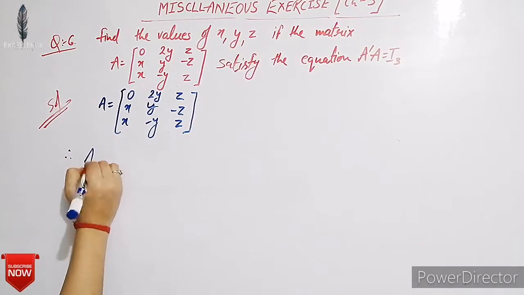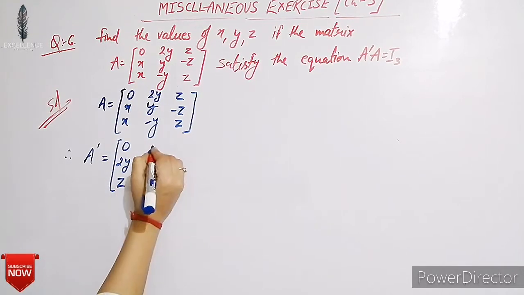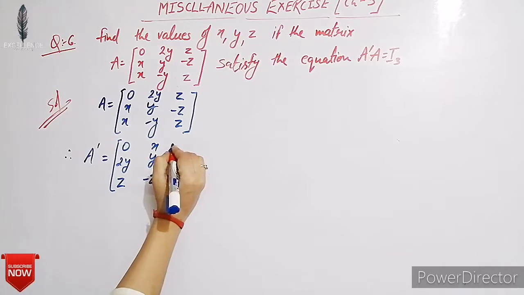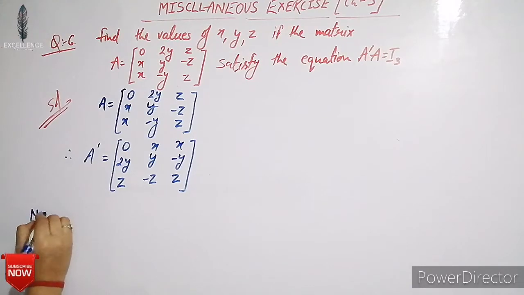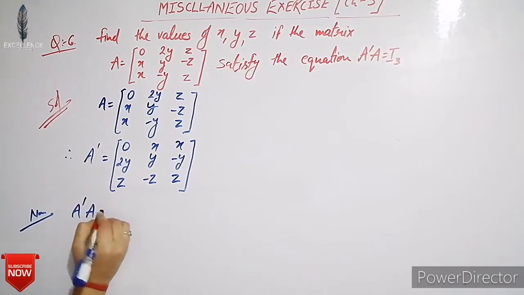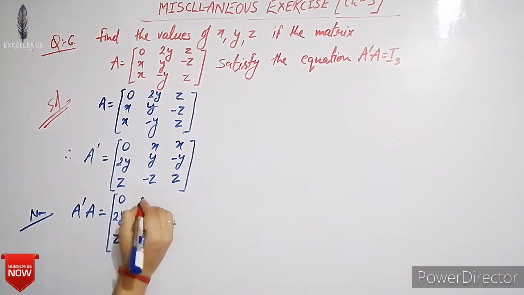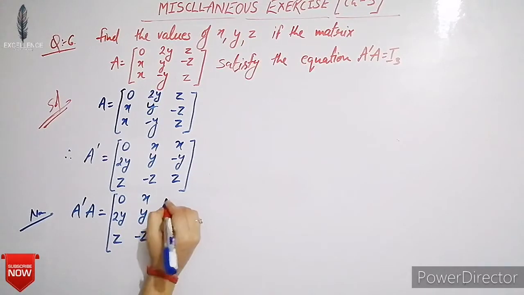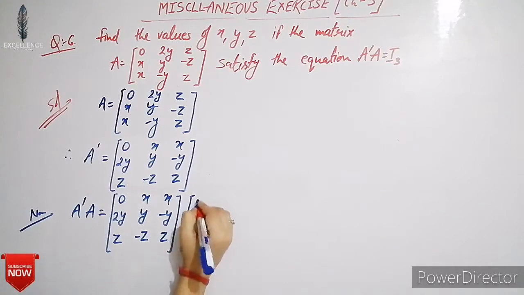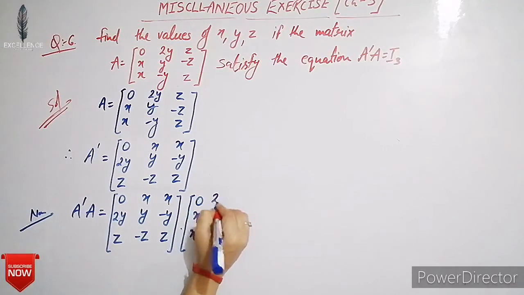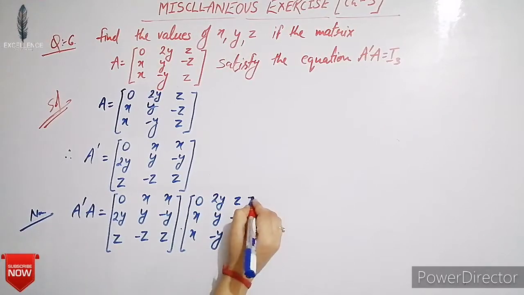So the transpose of A, that is A', is, interchanging rows to columns, the matrix whose last column is x, minus y and z. Now A'A equals A' into the value of A.